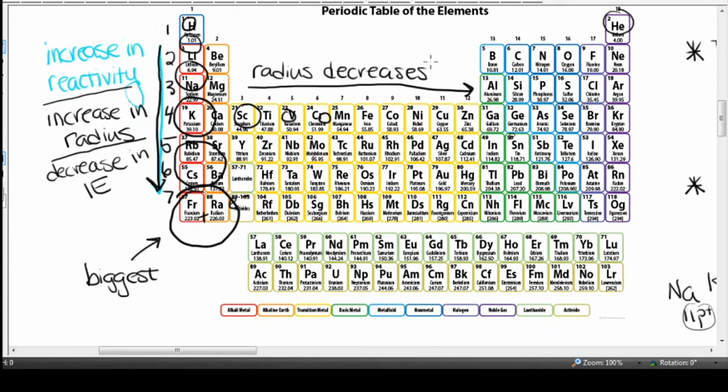When we go across and radius decreases, ionization energy increases. This helium guy, this smallest radius over here, is going to be really hard to pull that electron off. It's going to have the highest ionization energy. So our biggest radius is going to have the lowest amount of energy needed to remove the electron.